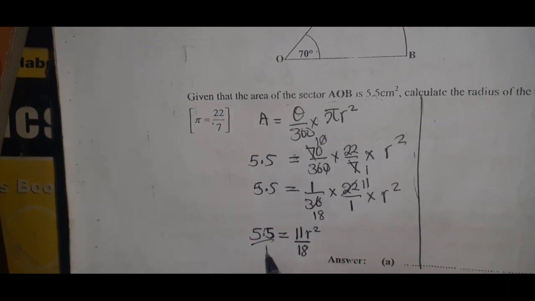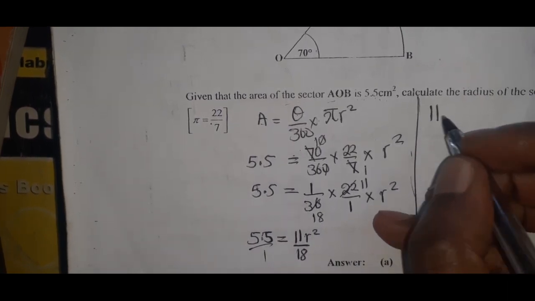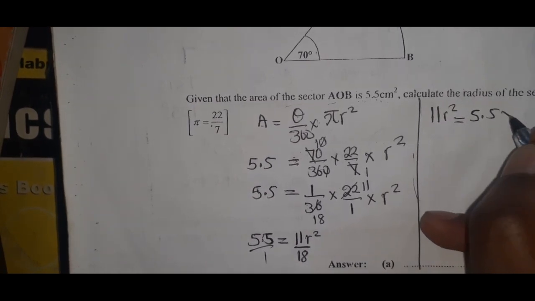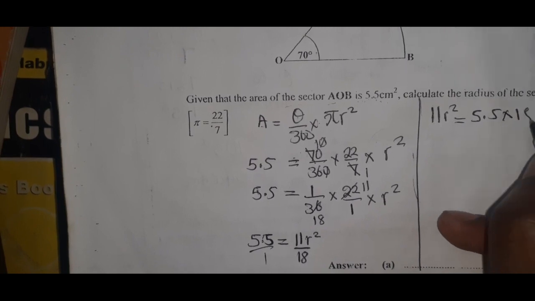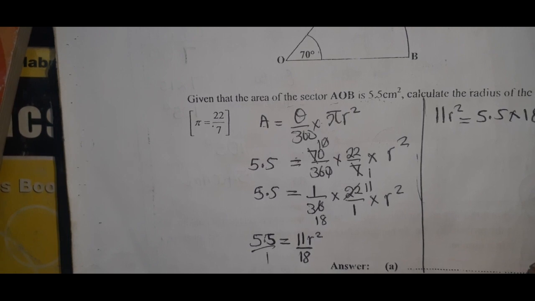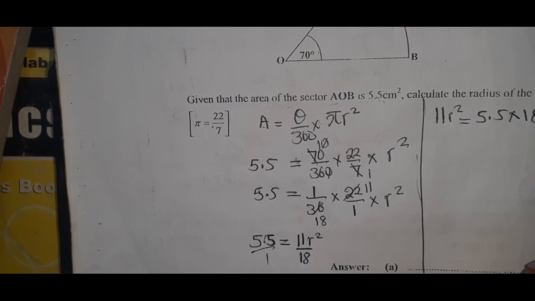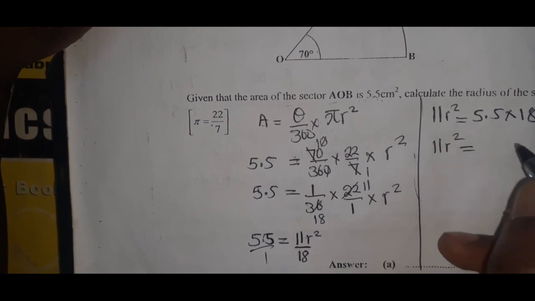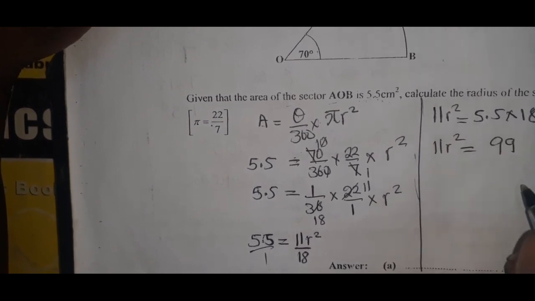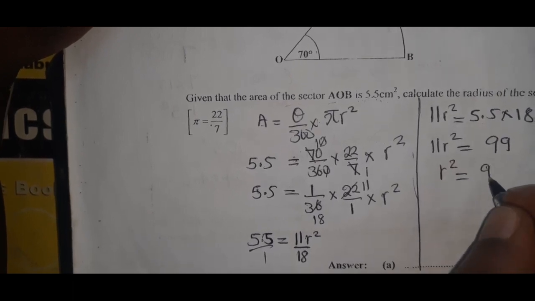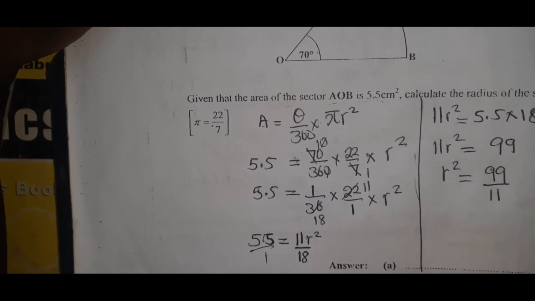So from this point, we can cross multiply. We have 11 r squared is equals to 5.5 multiplied by 18. Okay? So we can go further and try to multiply 5.5 multiplied by 18. What are we going to get? Okay. So this is going to be 11 r squared is equals to 99. When you multiply this, r squared is equals to 99 divided by 11.